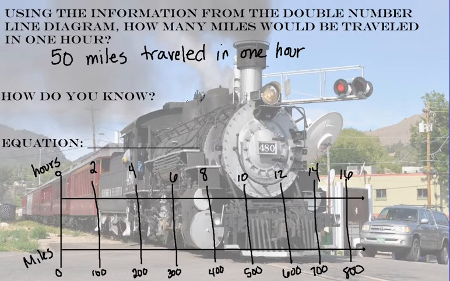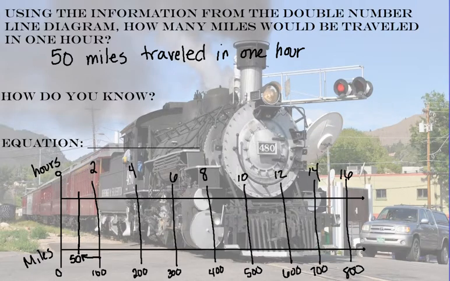So now it wants to know, well, how do I know? Well, since I'm going backwards from 100 to 50, I have to think of 50. How far between 0 and 100 is that? Well, since I know 50 is halfway between 0 and 100, then the amount of time has to be halfway between 2 and 0.